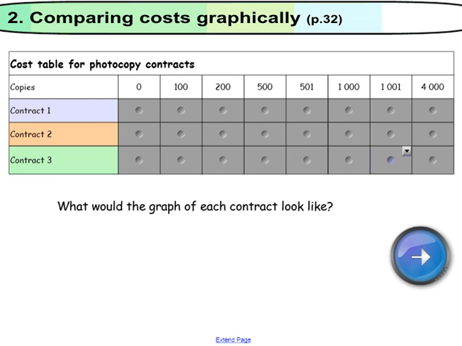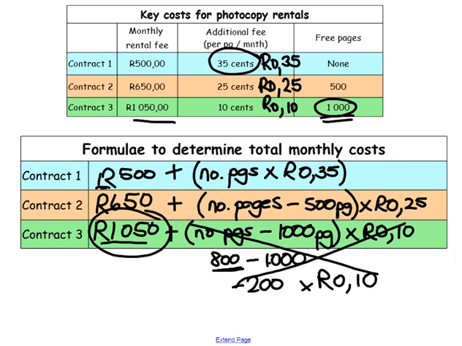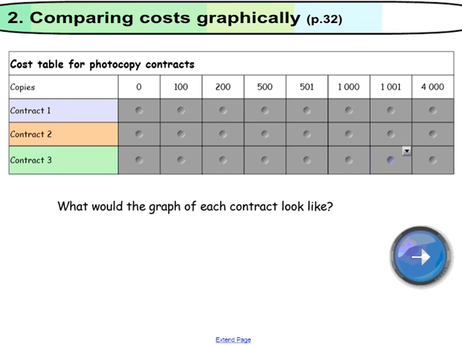Okay, so now remember, before you can draw a graph, you always have to have a table of values. And to draw up a table of values, you had to have the formulae. So if you've got the formulae, you can draw up your table of values.